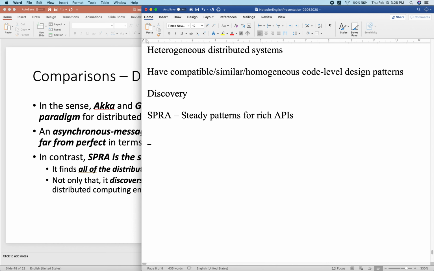That means although the API is rich, because there are different functionalities and different solutions for various distributed systems, so the patterns should be different. The API should be different, but their patterns are similar.